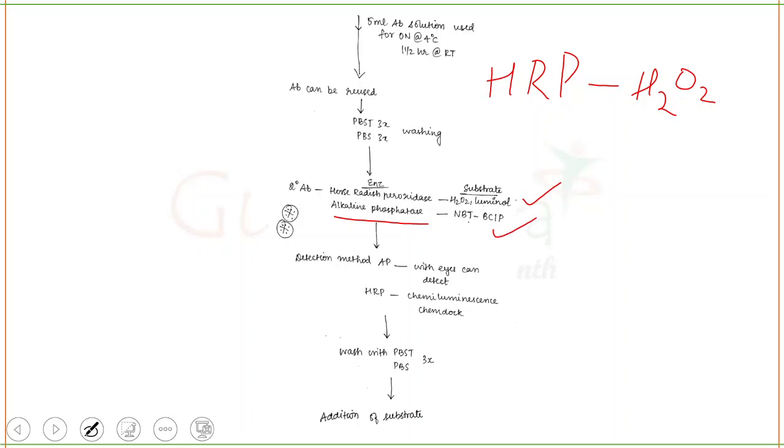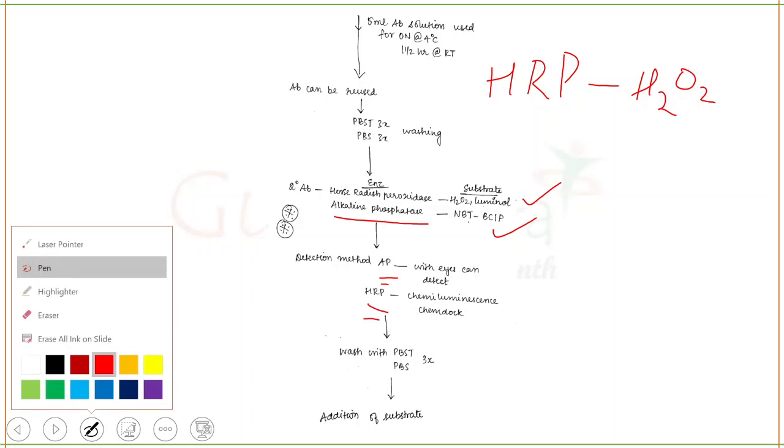These are the substrates you can use for the enzyme to produce color. The detection of alkaline phosphatase can be seen with your naked eyes. For HRP, you have to use an instrument called ChemiDoc, a chemiluminescence ChemiDoc, for visualizing the image.